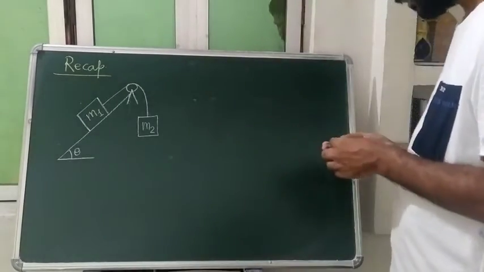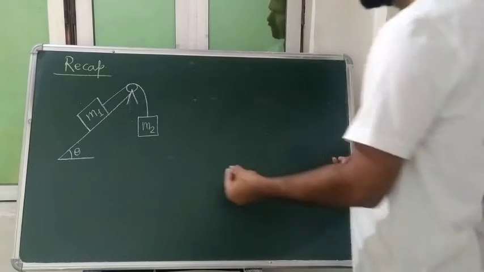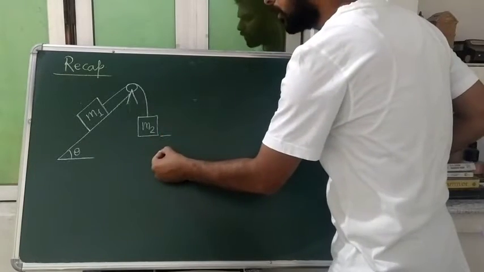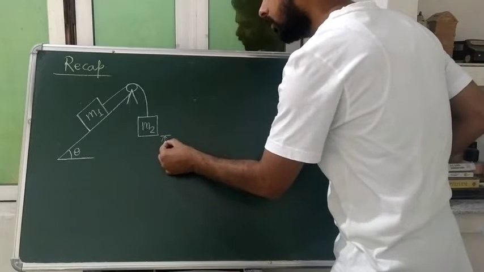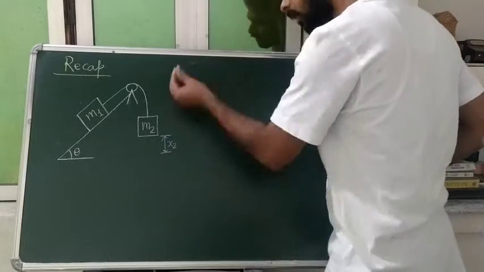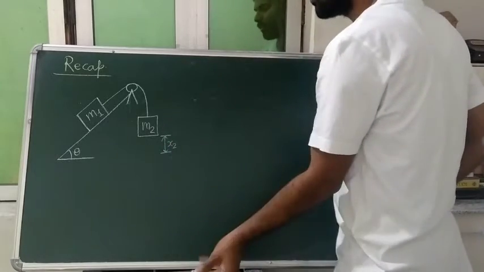To find the acceleration, suppose this mass m2 is going to travel x2 distance in this direction, whatever direction you are saying.